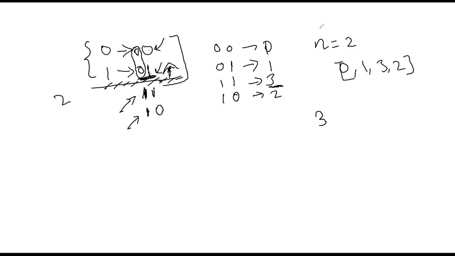So it's a recursive relation. If you have a value for n, you can derive the value for n plus 1. You just add 1 to the most significant bit in this particular case. Always you have to add 1 and append the previous value in reverse direction.